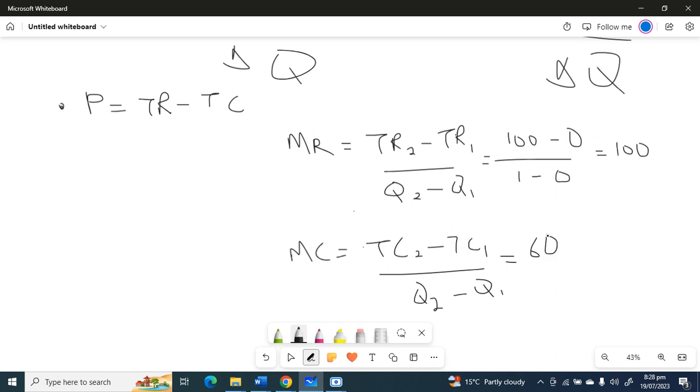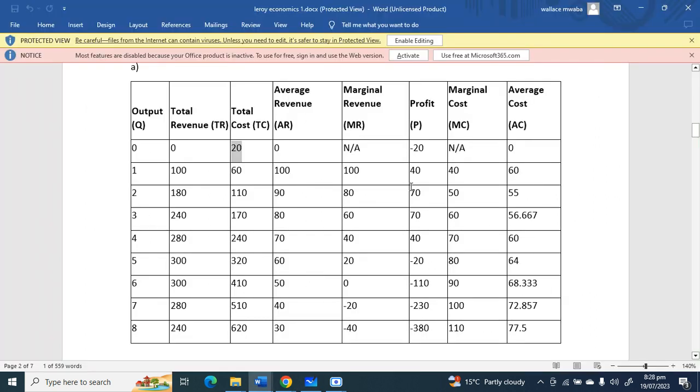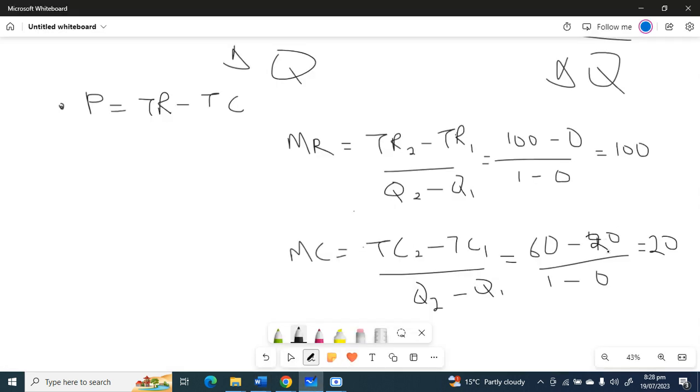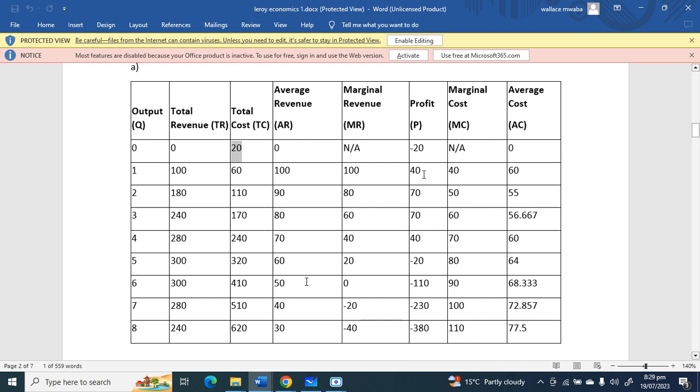TC2 was 60, TC1 is 20, Q2 is 1, Q1 is 0. 60 minus 20, that gives us 40. Which is here. Are we okay with this tabulation?